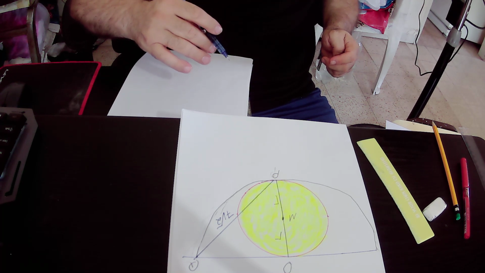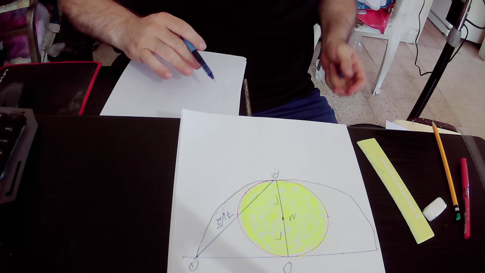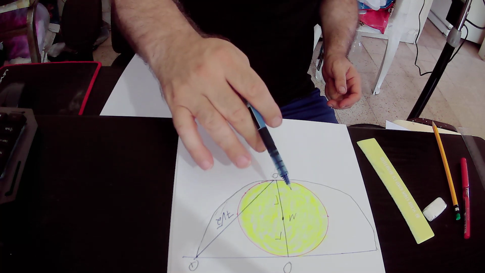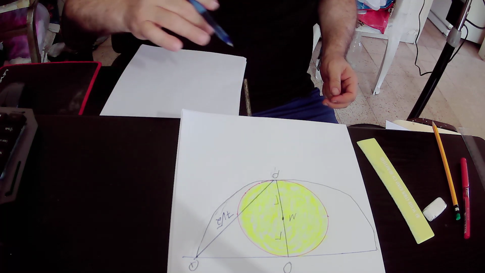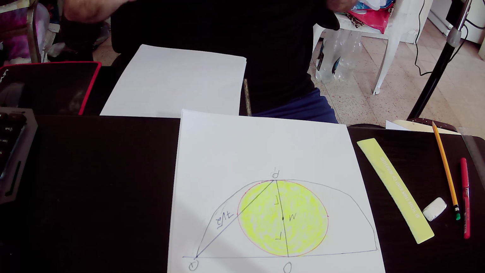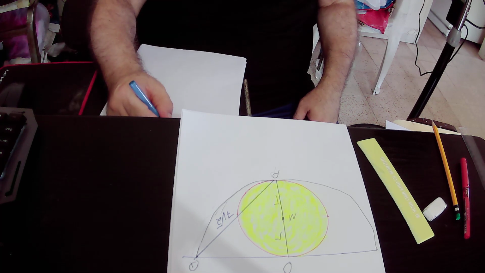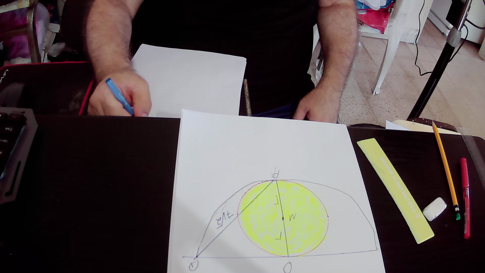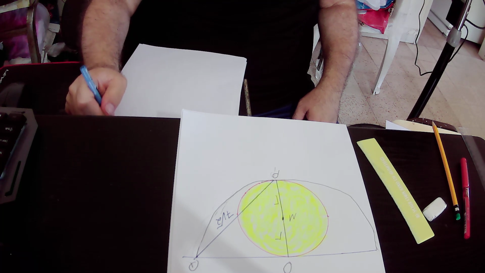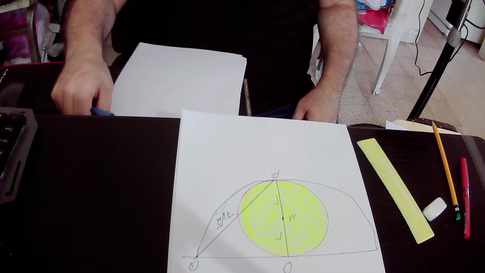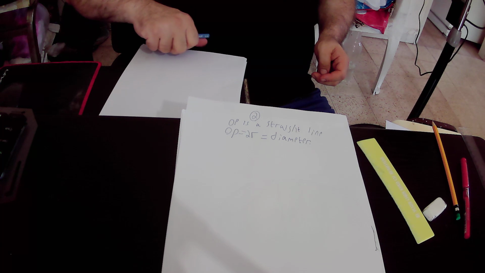And because the line segment OP is first of all a straight line, and it equals 2 times the radius of the yellow circle, it is defined as the diameter of the yellow circle.